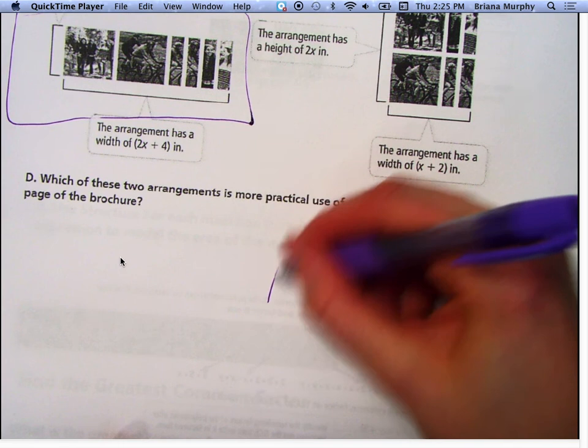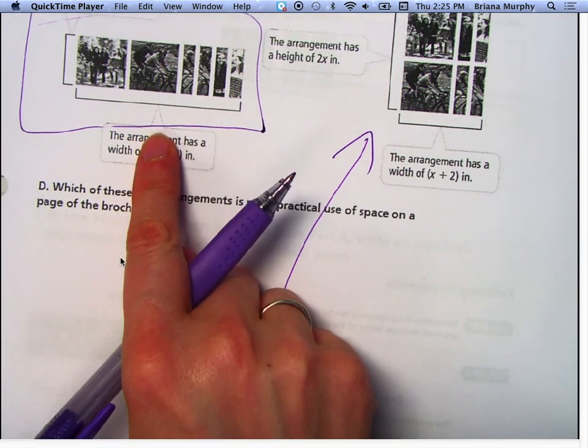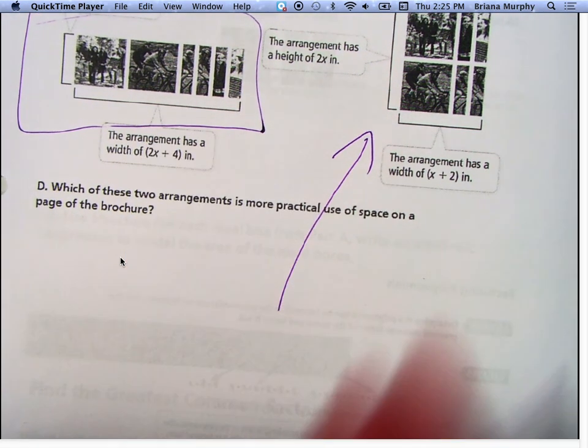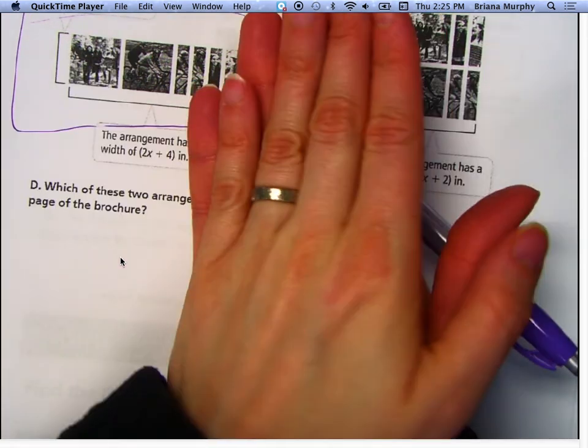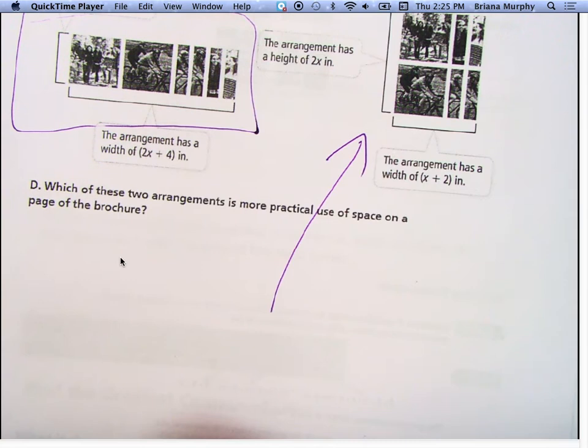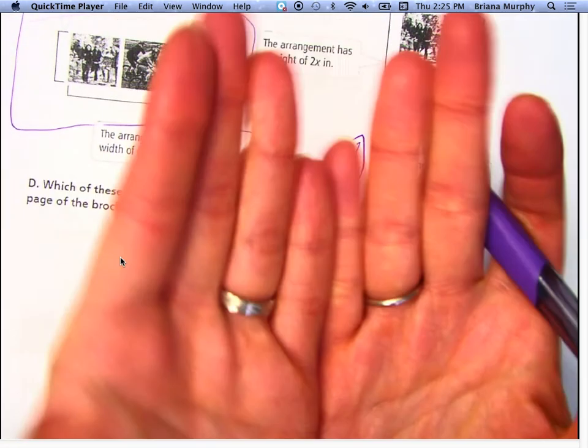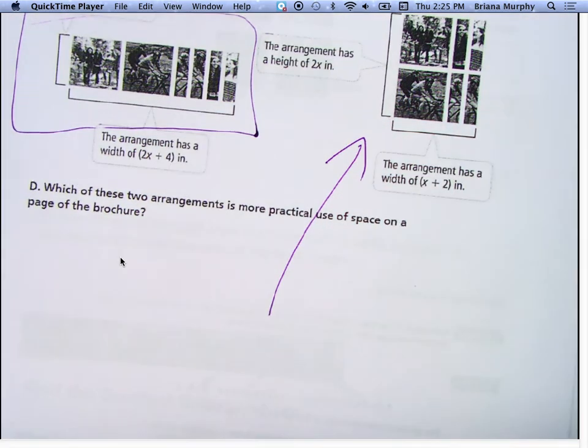I think I would use this one more in our brochure. Have you guys ever seen a brochure that's long like that? No. Never. Mine is always open like that. And when you open the brochure, you probably don't want to have to turn it sideways to see the pictures, right? You just want to open it to see it.